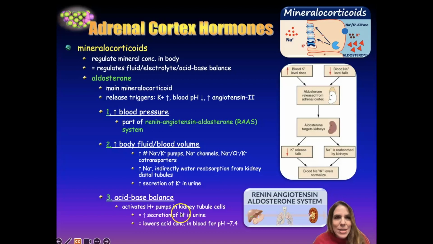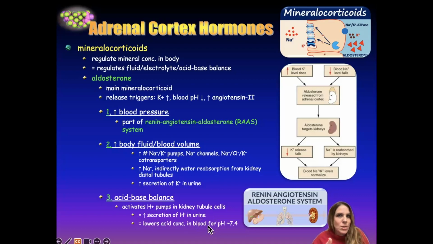And in the process, hydrogen ions contribute to a more acidic solution, right? So remember, when we're talking about pH, the definition of an acid is something that gives off hydrogen ions into solution. And so when you're secreting more hydrogen ions into the urine, that is going to lower the acid concentration in the blood.